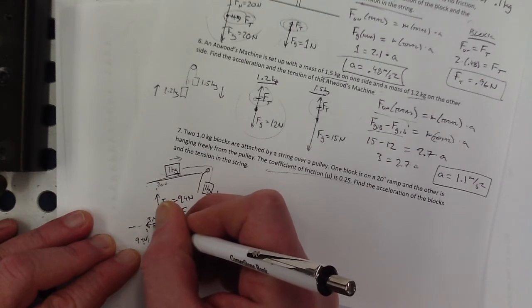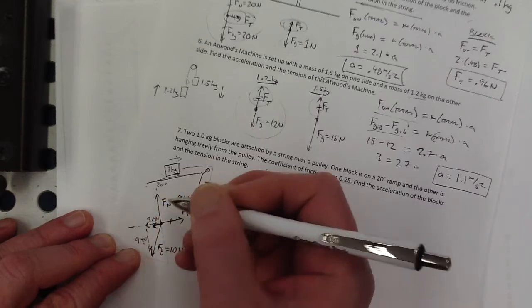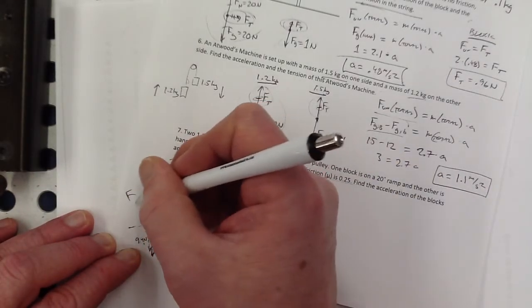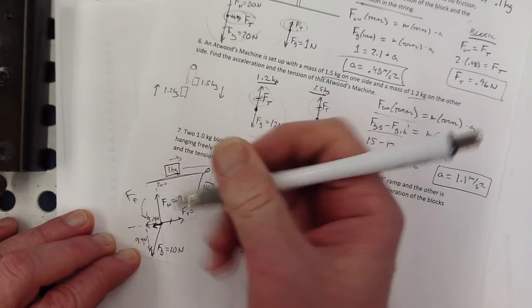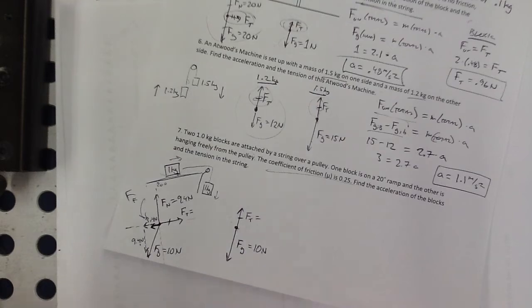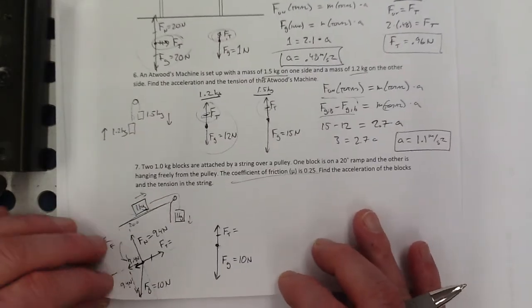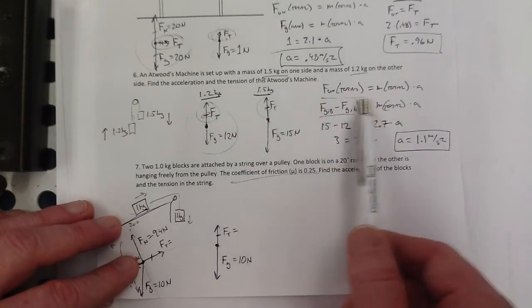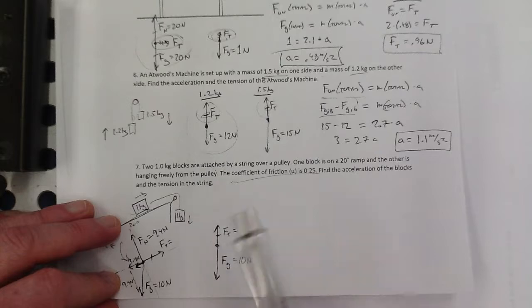I'll just draw a little arrow pointing to it because I don't have space for a label in there. So there's also a force of friction here. That makes this problem tricky, I think. So if we wanted to do the same method where we look at the totals, we can do that here.